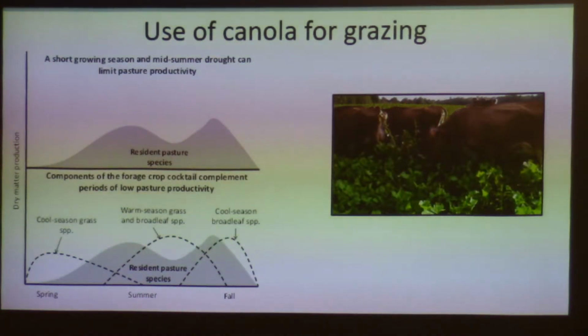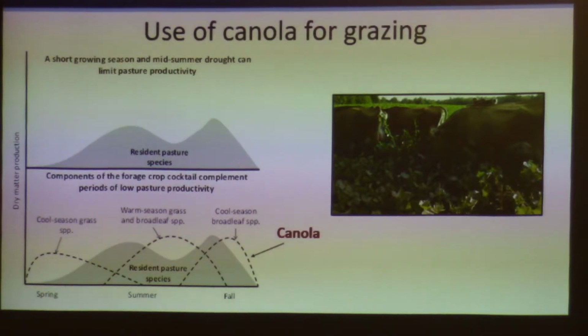And Rich mentioned several of those: spring, summer, and fall. This study I'll be showing here was primarily looking at canola as a grazing source to basically fill the fall niche here in terms of that gap in forage production, so trying to extend the grazing season.